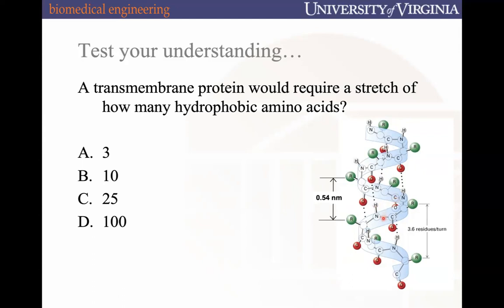I want you to tell me approximately how many hydrophobic amino acids would be needed to cross the lipid bilayer. Feel free to work with your neighbor. I'll give you about a minute or two to work on this, and then I'll hear what you have to say.